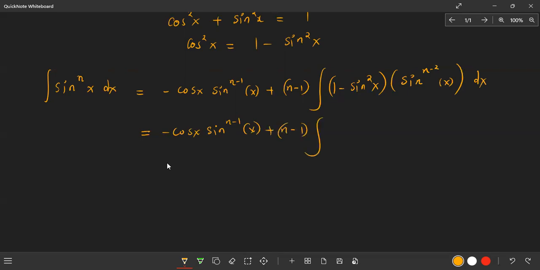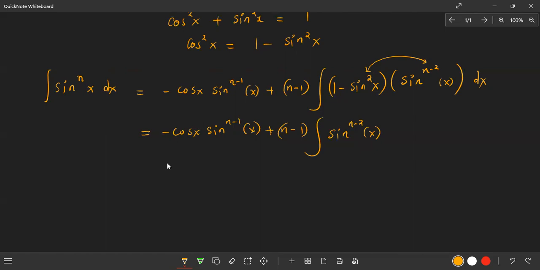Just like before, I'm going to distribute this 1 times this sine n minus 2. This is just the same as sine n minus 2 x. And then sine squared x, and you see that the powers will add up. The end result will be sine raised to n.